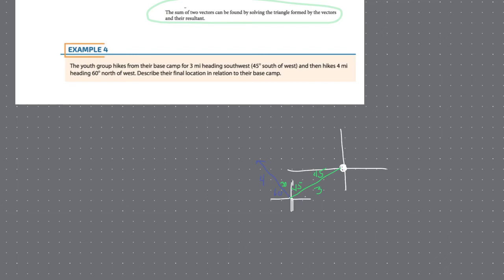Now the question is saying from their base camp, how far are they and where have they hiked in relation, like southwest, northwest, what? So what we're asking is, what is the magnitude of this vector here, C, and what is this angle in here, theta?